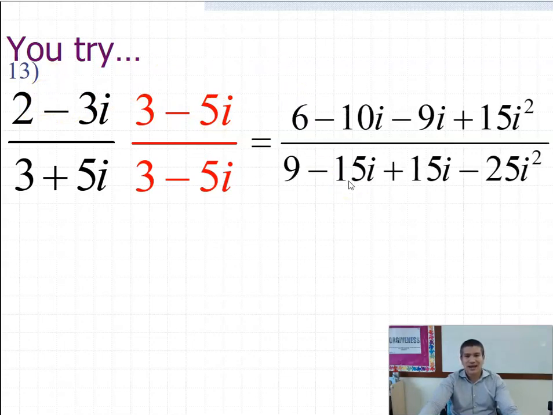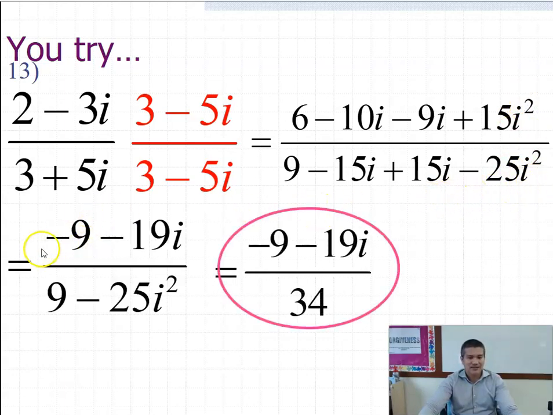You will have 6, and then 2 times negative 5i is negative 10i, negative 3i times 3 is negative 9i, and negative 3i times negative 5i becomes positive 15i squared. And in the denominator, 3 times 3 is 9, 3 times negative 5i is negative 15i, 5i times 3 is 15i, and 5i times negative 5i is negative 25i squared. Then simplify: i squared is equal to negative 1.